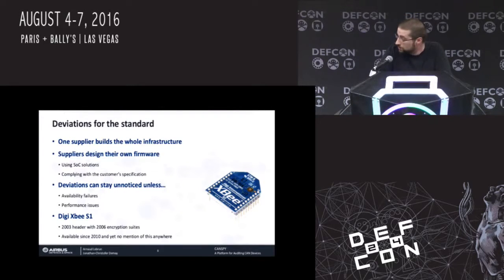This chip has been around since 2009, 2010, and nowhere on the internet could we find mention of this. And actually, we did get to talk with a DG engineer, and they realized this deviation by talking to us. So really, when I say that deviations can stay unnoticed and that it's quite easy to encounter them when you're doing an audit, that's really true.